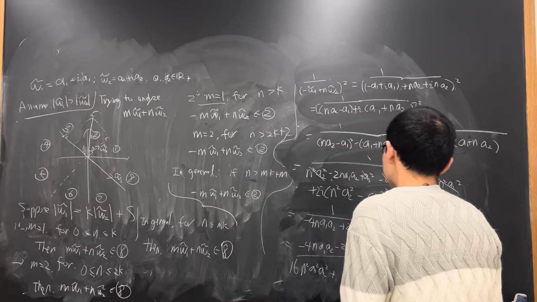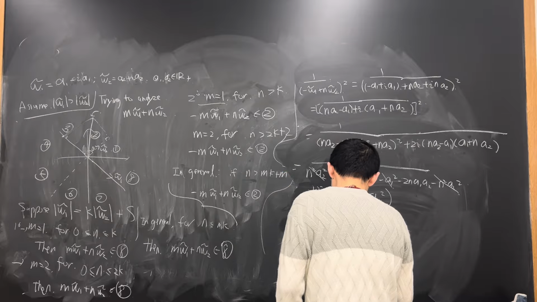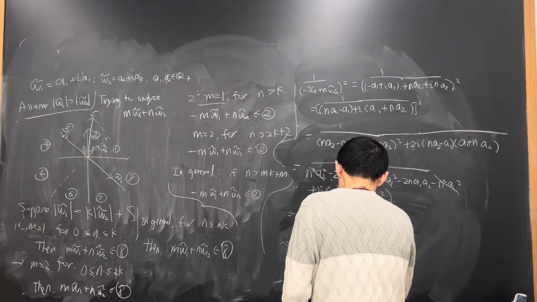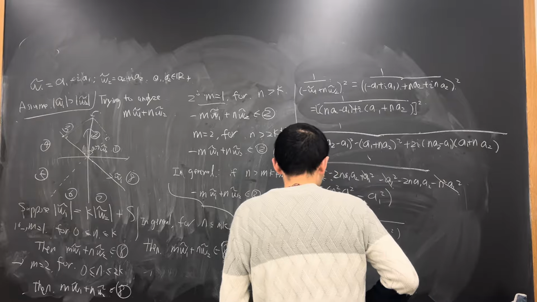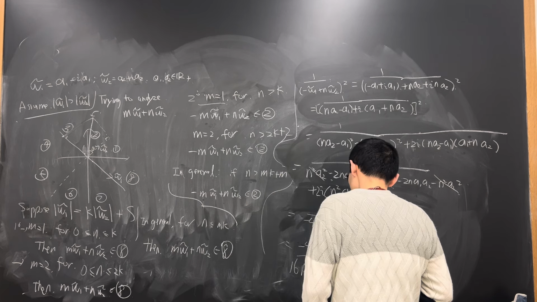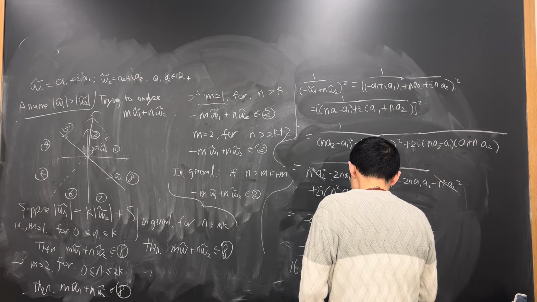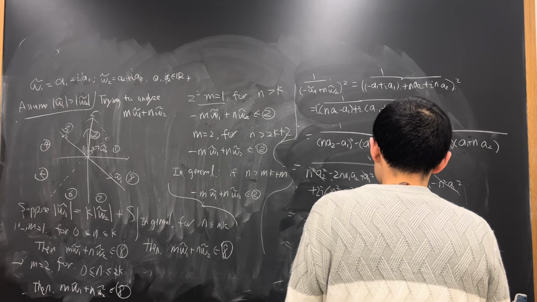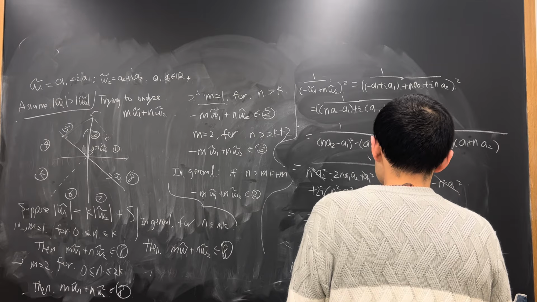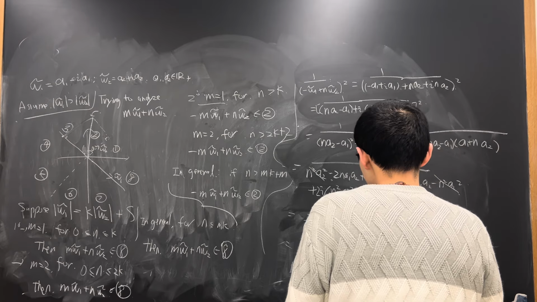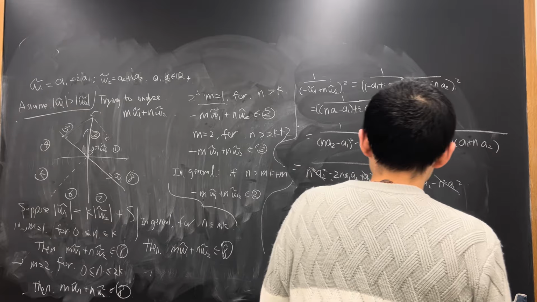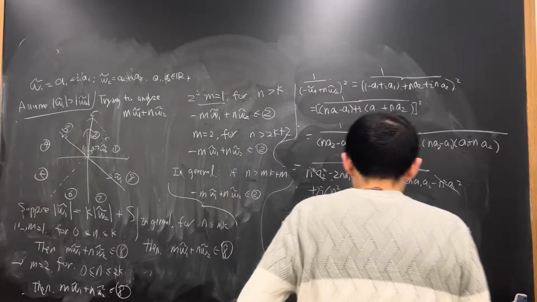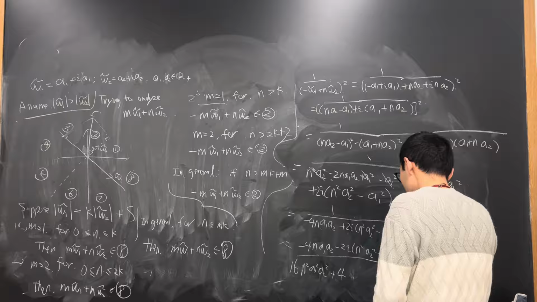So now this becomes what? Actually, it becomes a plus, right? Wait, I have to have this guy squared actually. Shoot. Okay, so this one squared.